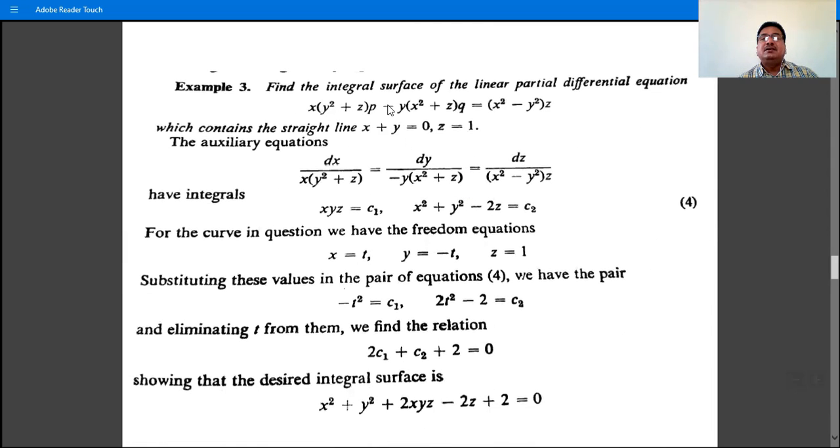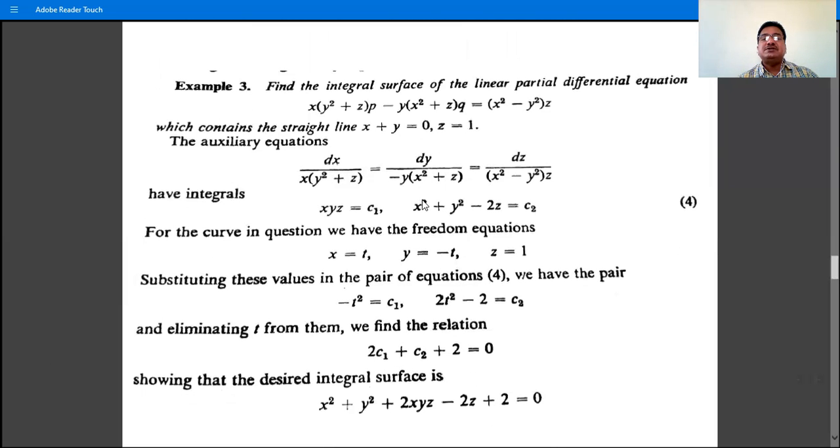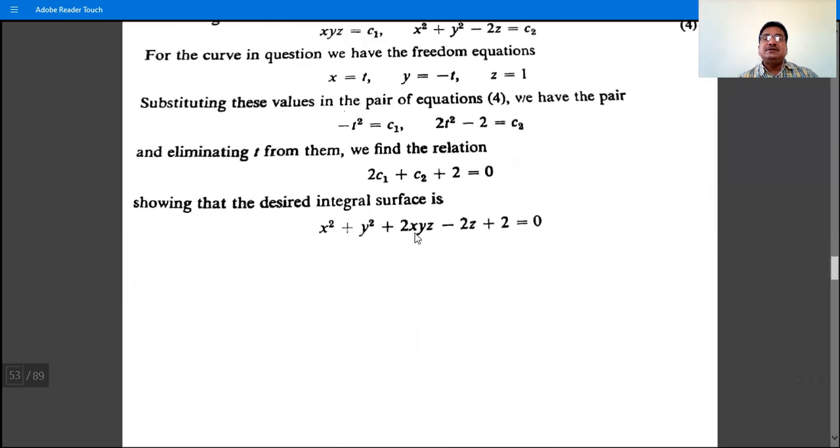Then find the integral surface of the linear partial differential equation, again Pp plus Qq is equal to R, which contains the straight line x plus y is equal to 0 and z is equal to 1. So first find the general solution of the quasi linear differential equation, that is, find equations 3 and 4.